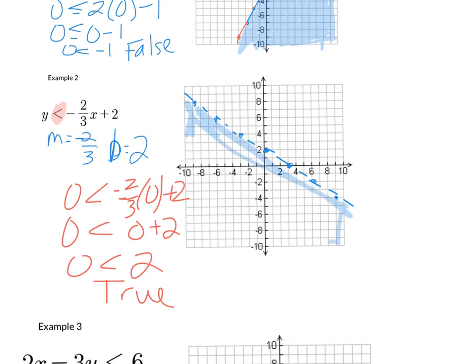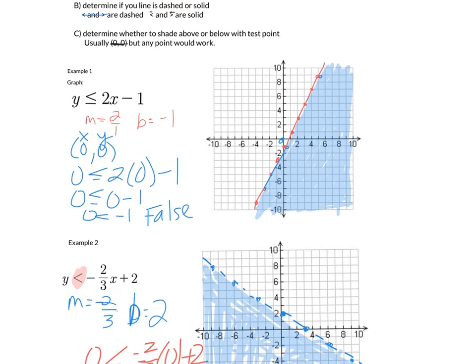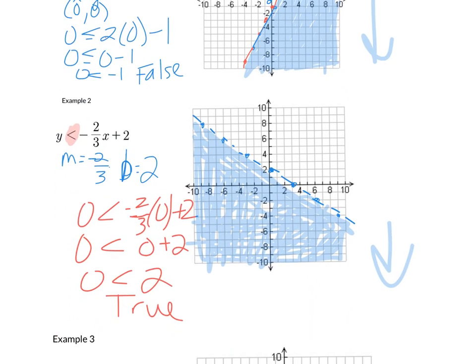Now, another way that people like to do the shading rather than using a test point is to look at the inequality symbol. Here it is a less than, and we shaded below the line. If you go back up to the other example, that was a less than as well, and we shaded below the line. So when you have a greater than, you would shade above the line.